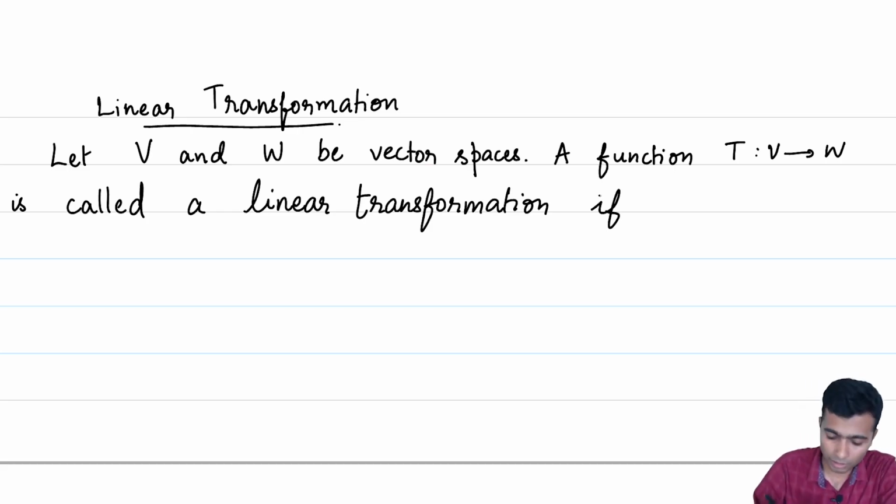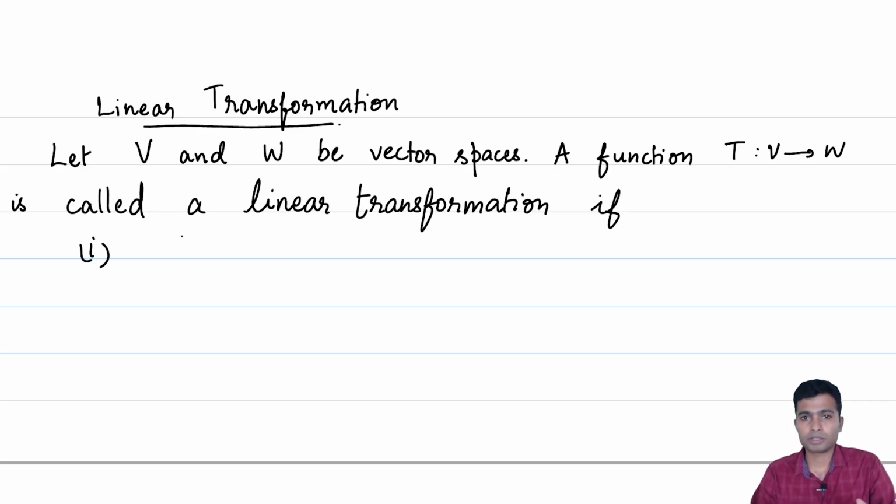So it's a function, and in particular it satisfies the following. 1. The addition in V is preserved. In other words, if we take two vectors, look at the sum and look at its image, it will be the sum of the images.